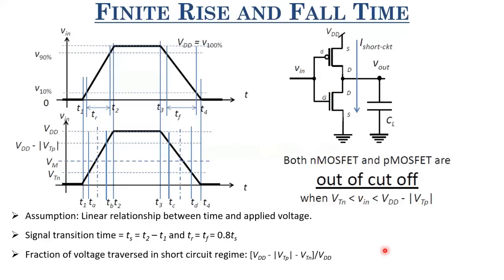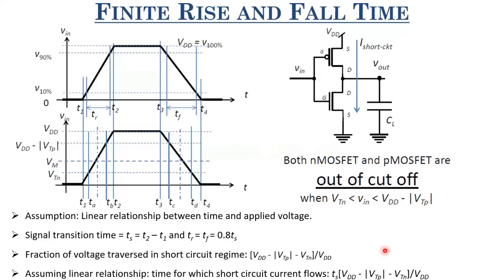So, assuming a linear relationship between applied voltage and time, what is the amount of time for which the short circuit leakage current flows? That is simply TS multiplied by the fraction of voltage for which these two MOSFETs are out of cutoff, right? That is simply TS divided by VDD, into VDD minus mod of VTP minus VTN.